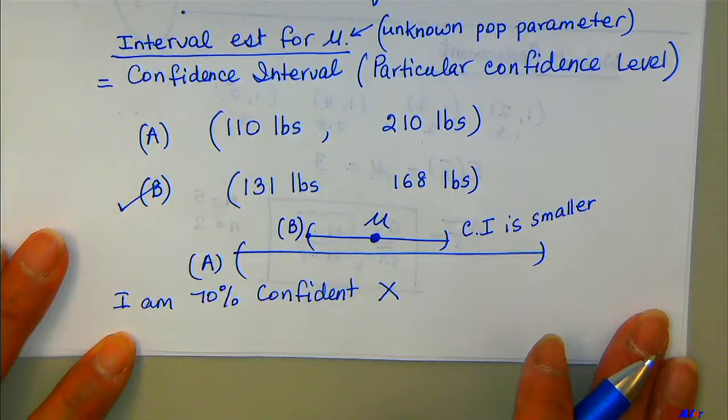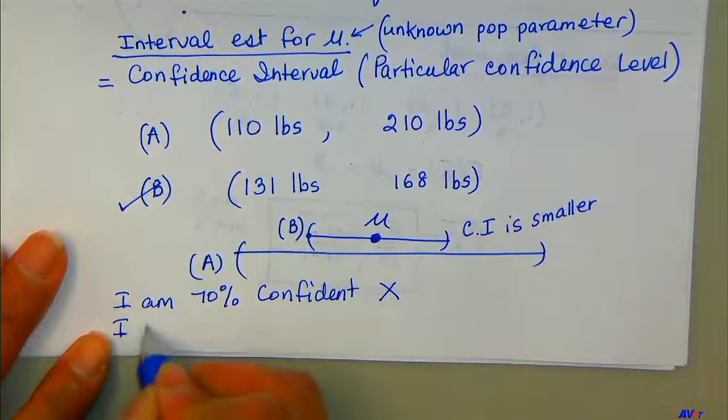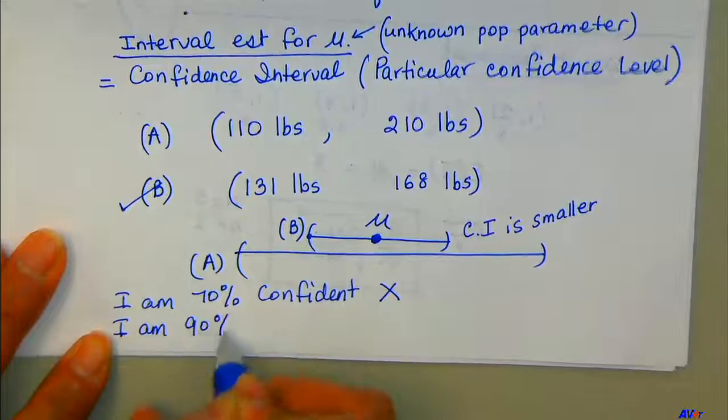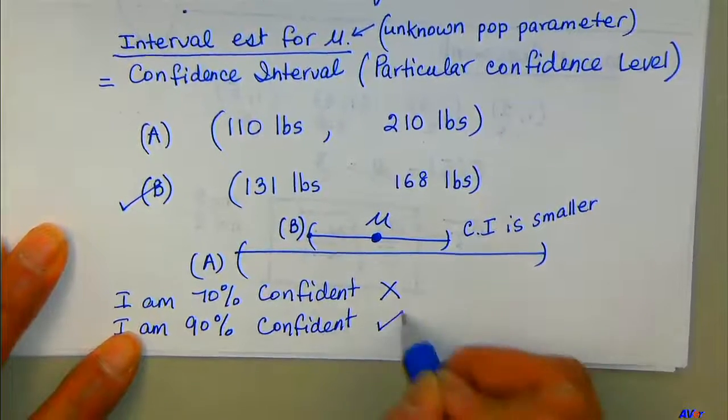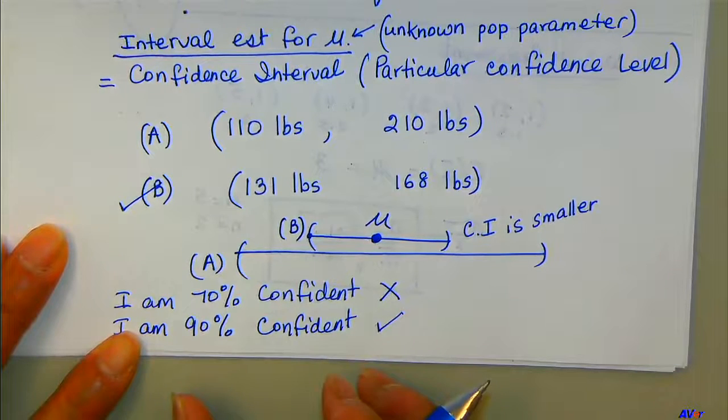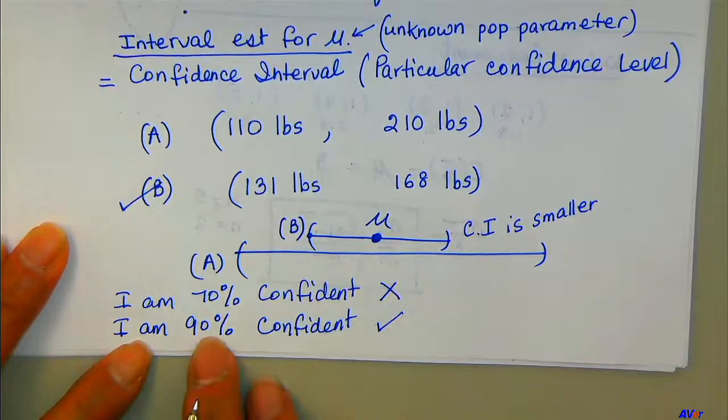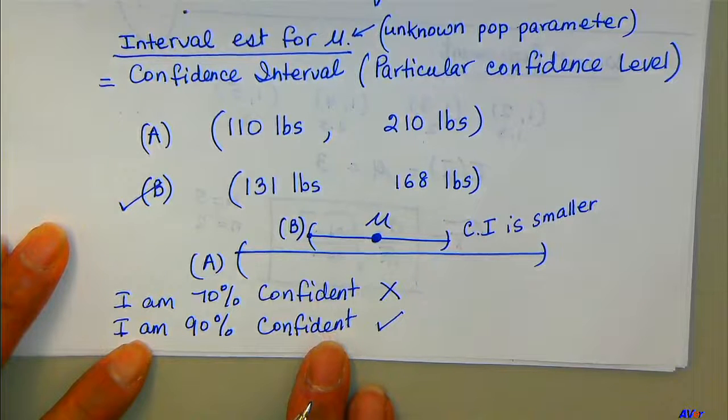I want my confidence level to be at least 90%. So I am 90% confident of mu lying in some interval that's not a very big interval, but rather a small interval, and high confidence level is desired. So 90% confidence level is much better than 70% confidence level.